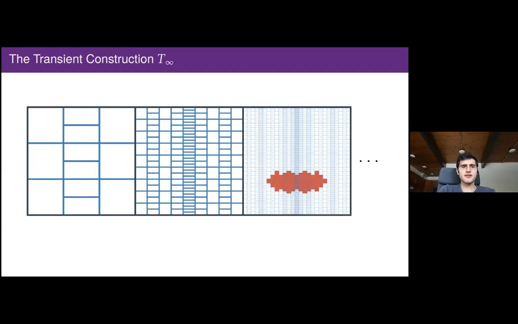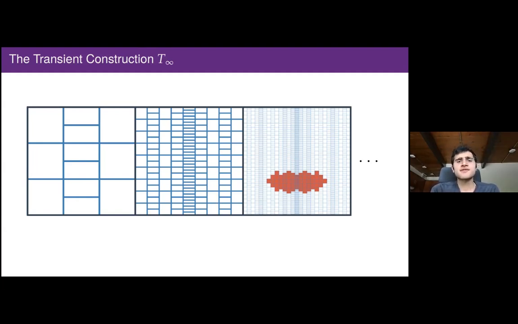So, okay, I hope now you believe me that this graph has uniform polynomial growth, but now let me tell you why it is transient.